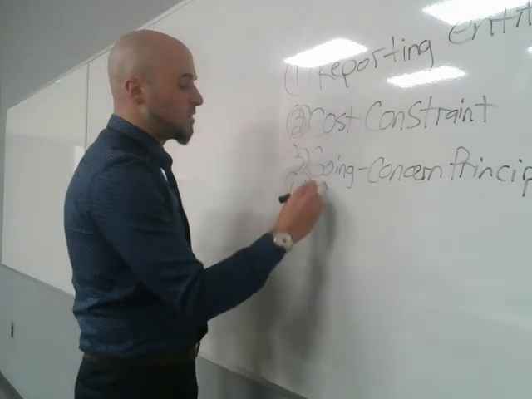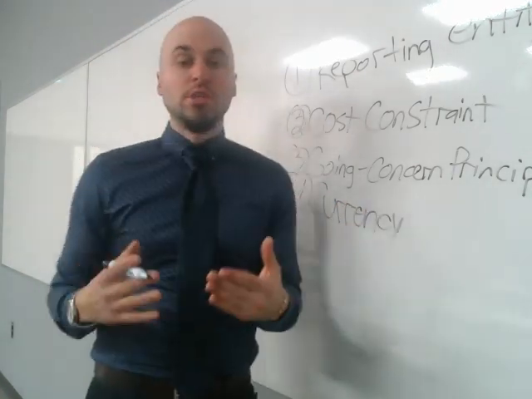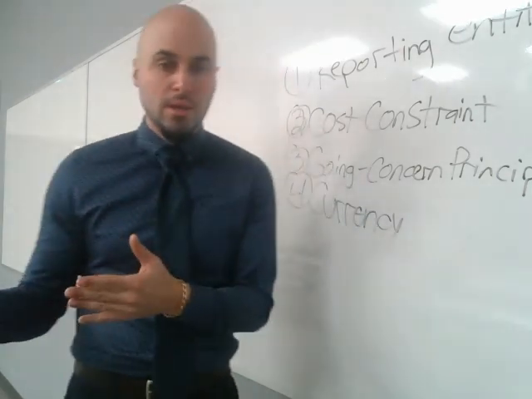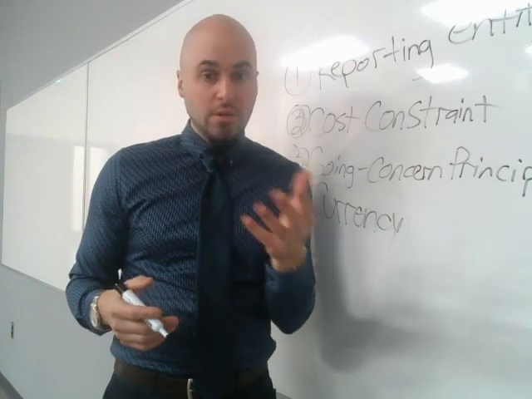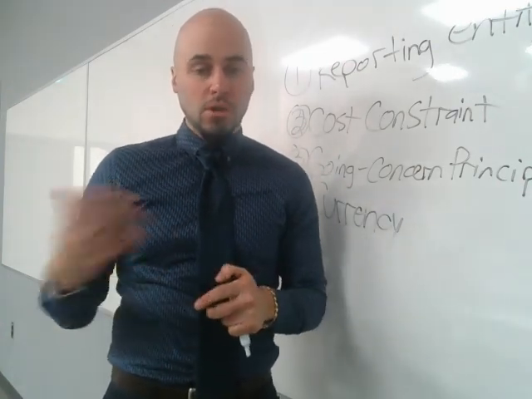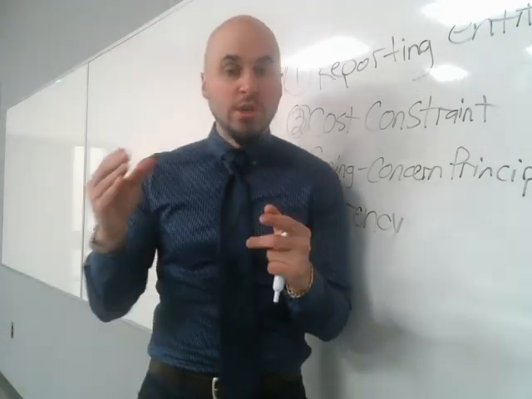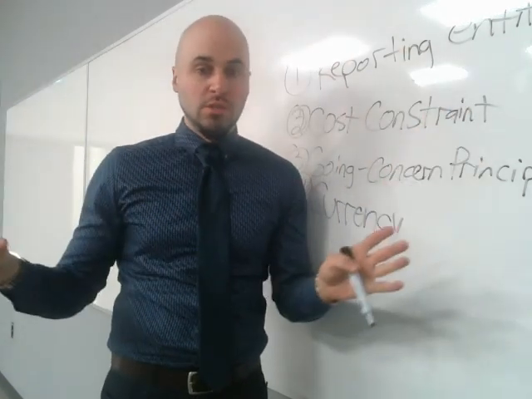Okay, that's what we're talking about with number 3. Number 4, currency, where those numbers that are being reported are just going to be reported the same way. So when we're talking about Arabic numbers, and Arabic numbers, by the way, are the numbers that you know, 1, 2, 3, 4, 5. They're called Arabic numbers. So if we're going to be using those, then everybody is going to be using them.